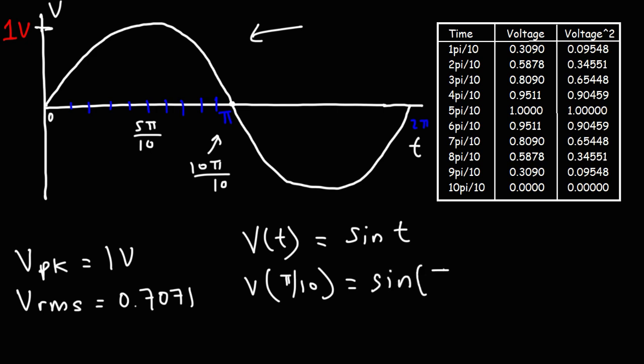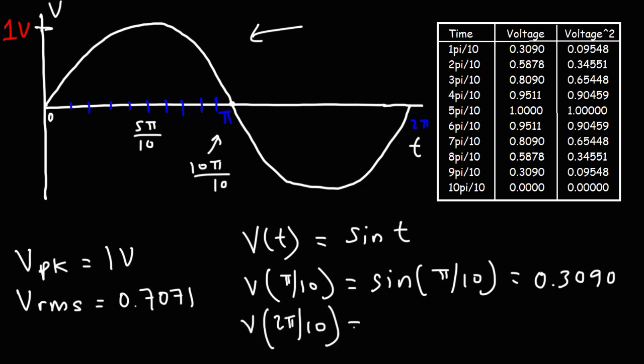Sine pi over 10. And make sure your calculator is in radian mode and not in degree mode. So this will give you 0.3090. So you get this voltage. Now, if you plug in sine 2 pi over 10, which is the same as sine pi over 5, you're going to get the next voltage on the list.